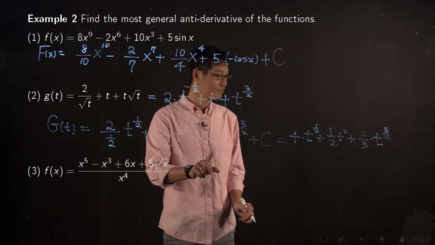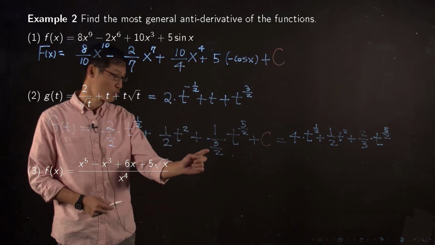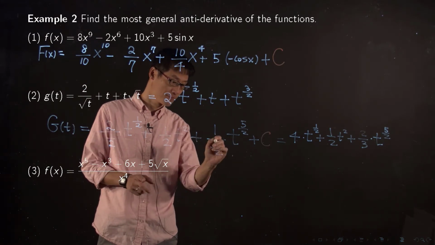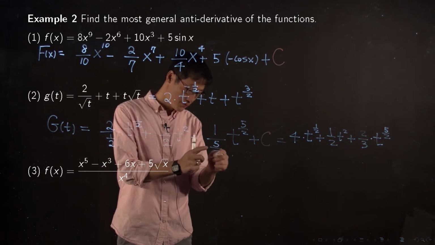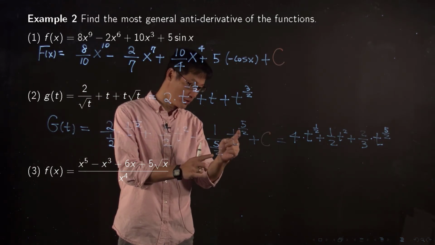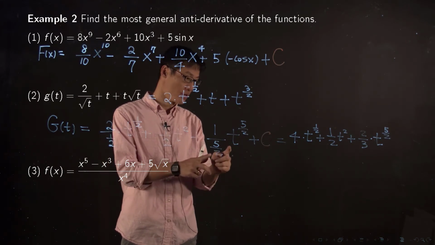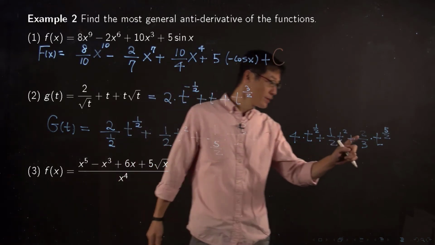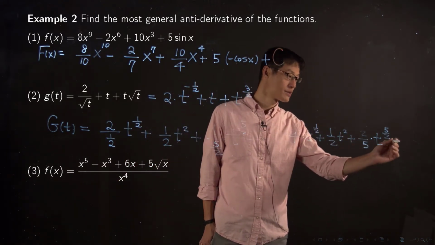Oh, this should be 5/2. So this 5/2 will get rid of this 5/2 when you take the derivative. So this will get back to 3/2. When you flip, we have 2 over 5 plus constant c.